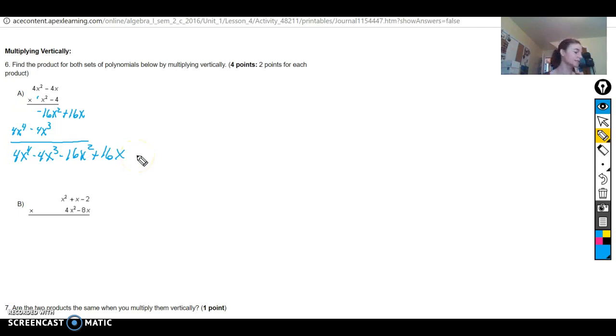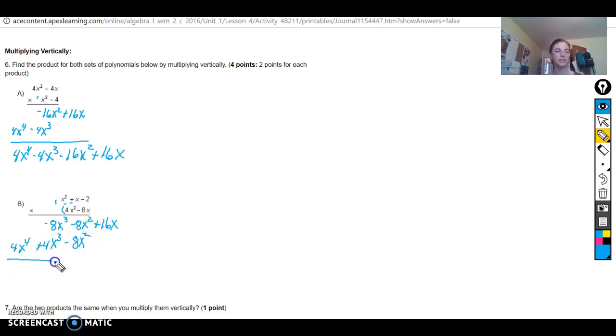Okay, I'm going to do kind of the same thing here. I'm going to take this negative 8x and multiply it by every term. So I get a negative 8x cubed minus 8x squared plus 16x. Now I'm going to take this 4x, multiply it by every term, and I get 4x to the 4th, a plus 4x cubed, and a negative 8x squared.